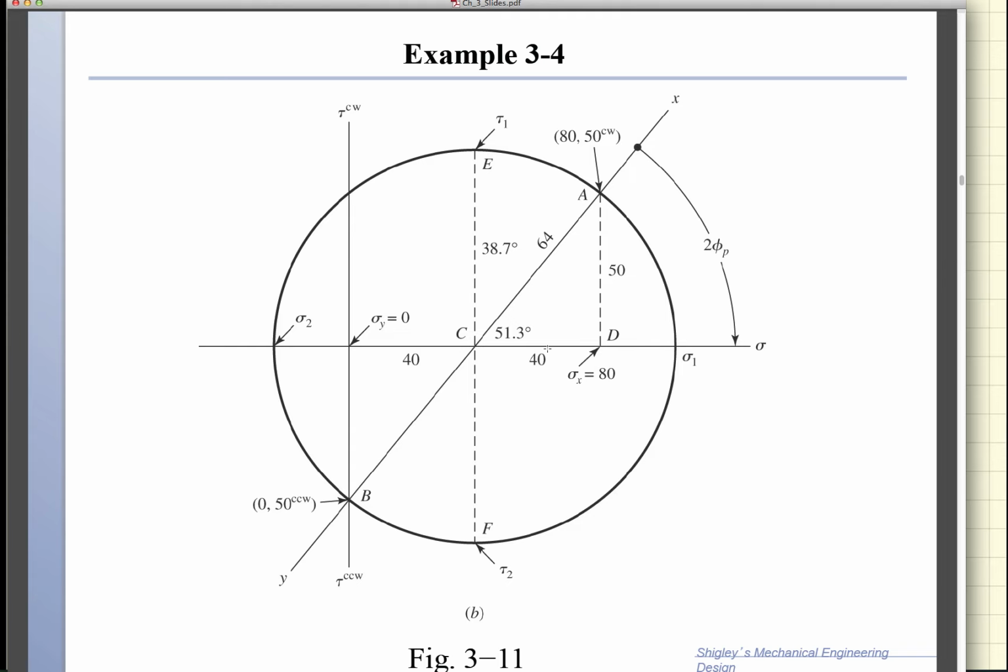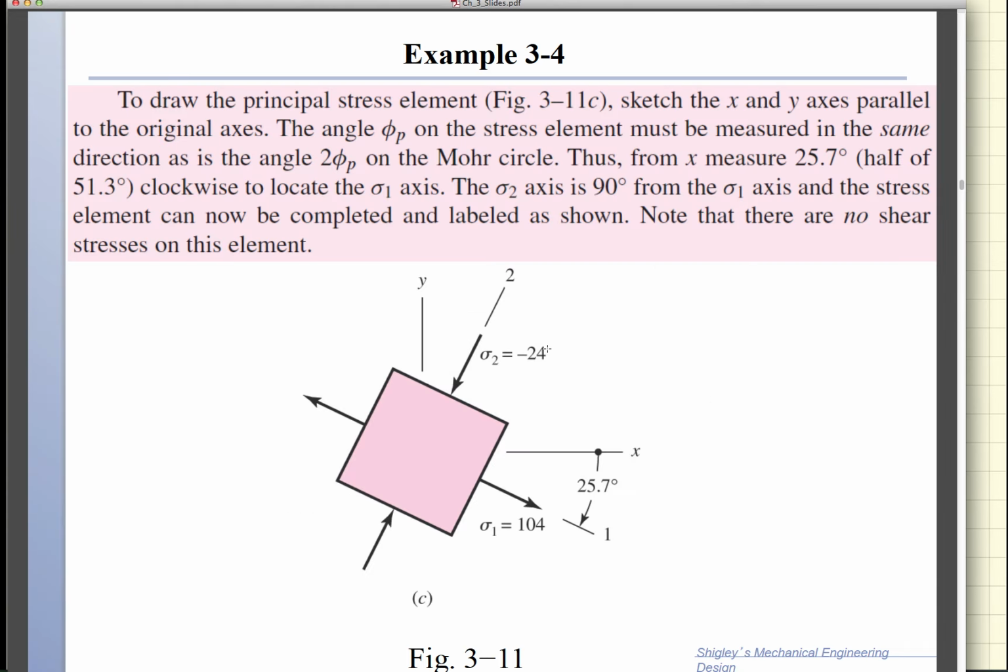So the physical element will have to rotate by half of this angle also in the clockwise direction. So if you look at the result, this is half of the angle, 25.7, rotated in a clockwise direction. And on that element, I have now sigma 1 is r plus c, sigma 2 is r minus c. And it turned out to be compressive, so its compression is negative.